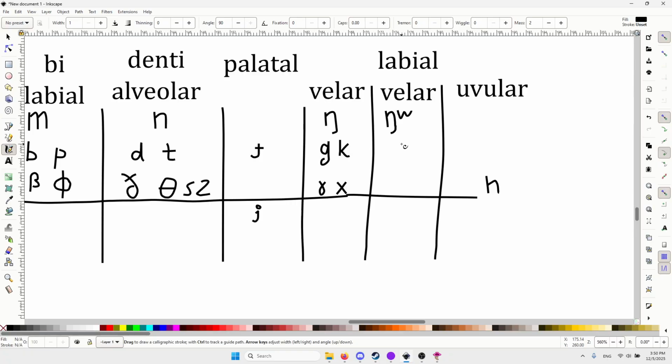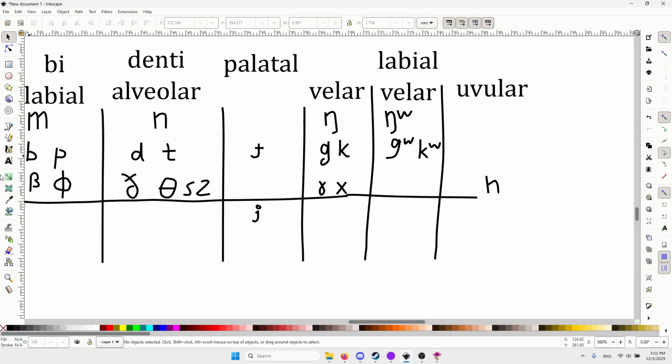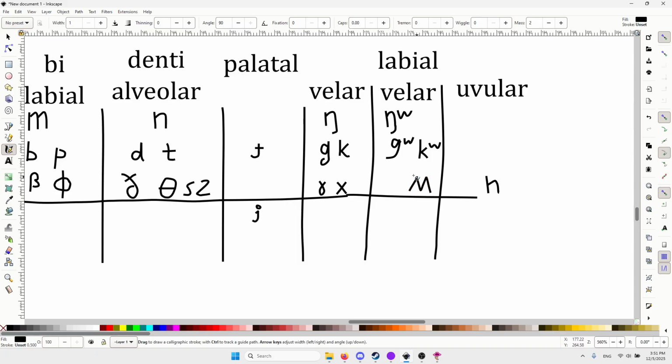Here we have these written with these labiovelar. So these are just a single sound. Like I said, it used to be in Proto-Germanic, but it just merged with other sounds. And here we have this upside down W, and here we have this.